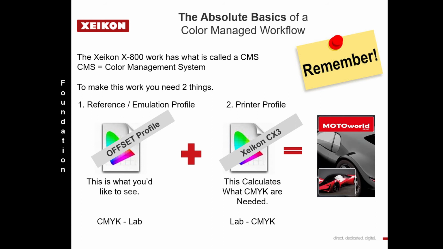But if it's not printing correctly, i.e. your grey balance is wrong, you're seeing strange artifacts, that means the printer profile is incorrect because the calculation isn't correct. So this is the basic formula. What do you want plus how to do it equals the result.